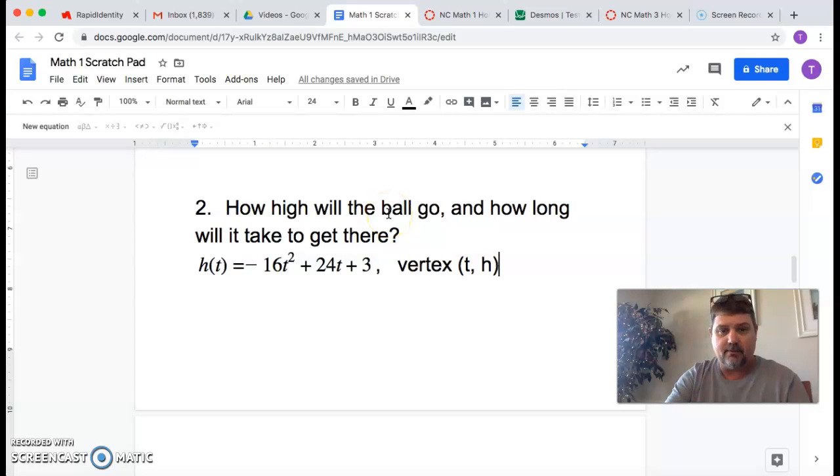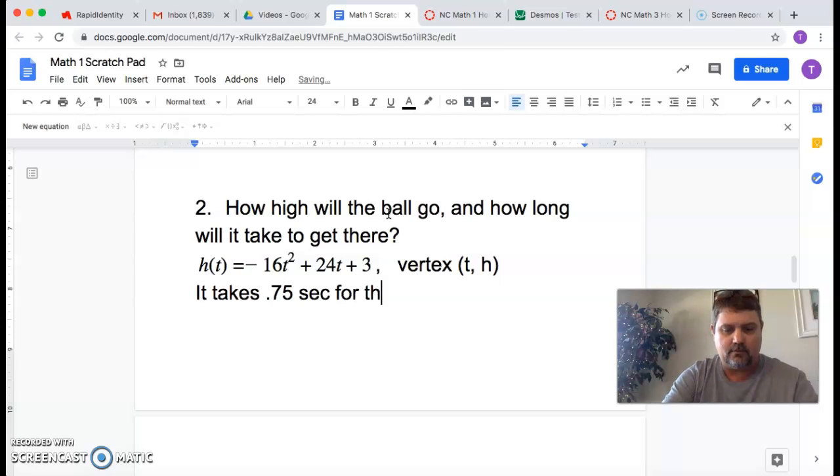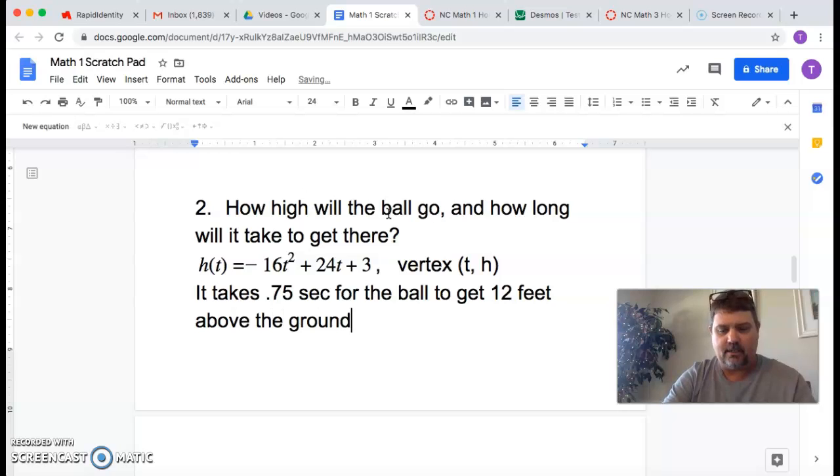So we would say it takes 0.75 seconds for the ball to get 12 feet above the ground. Okay, so that's the answer to that question. That answers both of them.